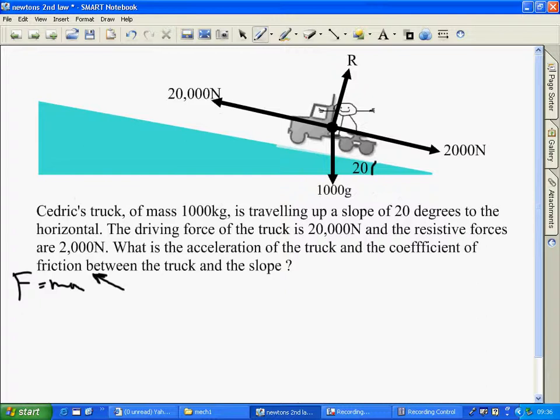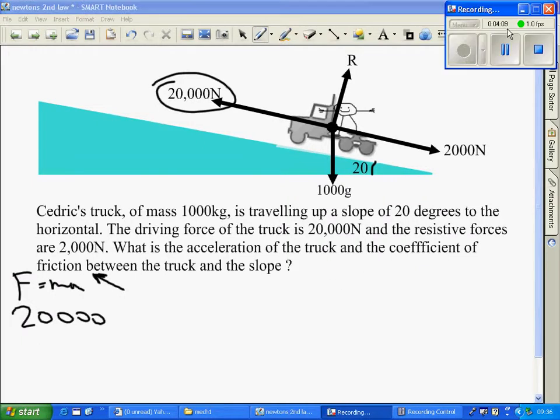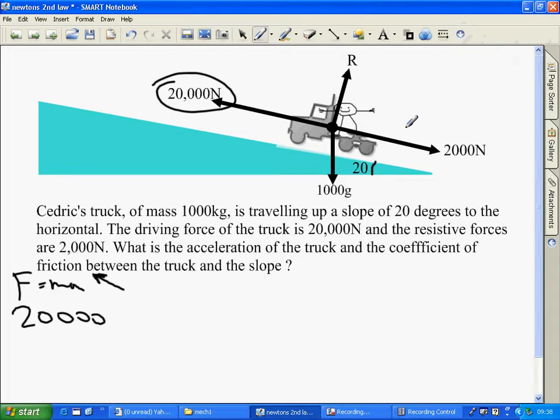So the resultant force up the slope, we've got 20,000 newtons, minus the resistive force of 2,000 newtons here, and then we have the components of the weight as before, component in this direction and in this direction.